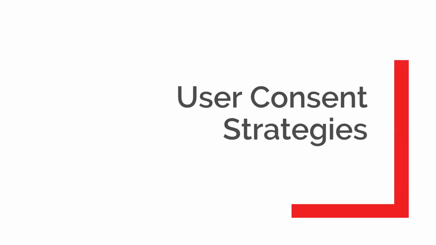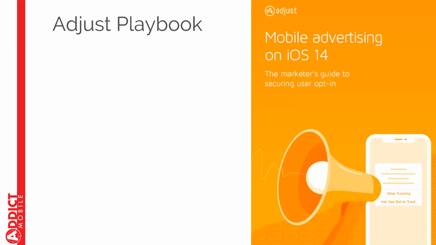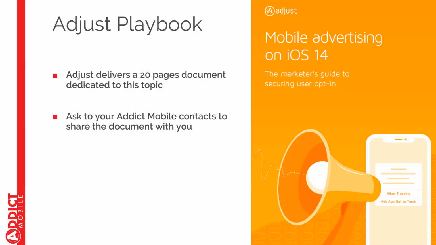So what user consent strategies can we think of? First of all, we want to mention the Adjust Playbook that was released a couple of weeks ago, which really deep dives into strategies on how to ask for that consent. It's a 20-page document dedicated to this topic.